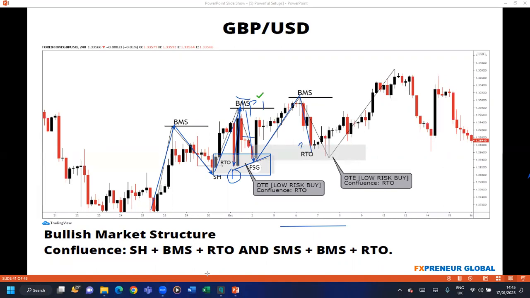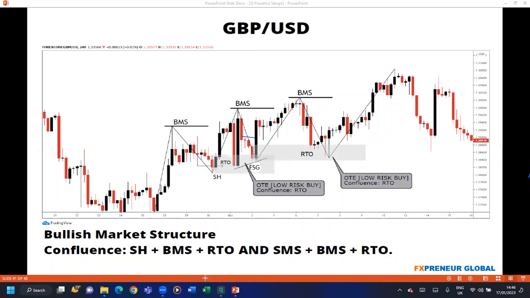We have our second entry confirmed. Then your TP2, your take profit is right above here. At the point when this happens, your take profit has been hit already. Very strategic and concise setup.